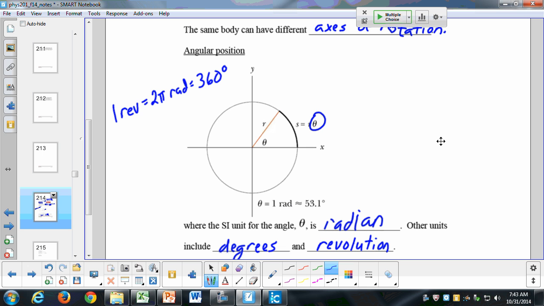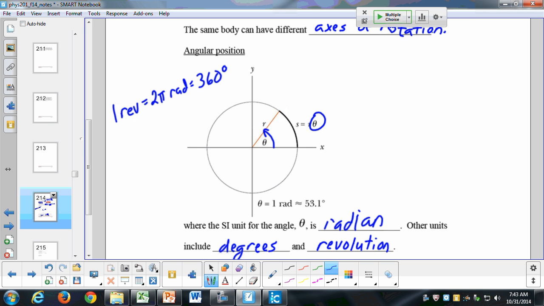This angle theta just says what my angle is, in this case, from the x-axis. Now, your angular position is not some point in space, so it's not dependent upon r necessarily. It just says through what angle I have turned.